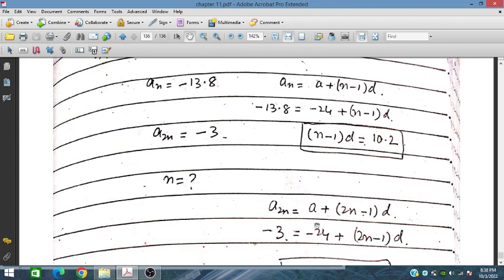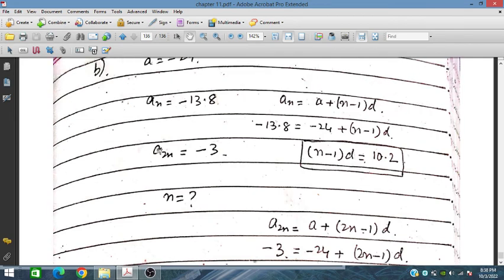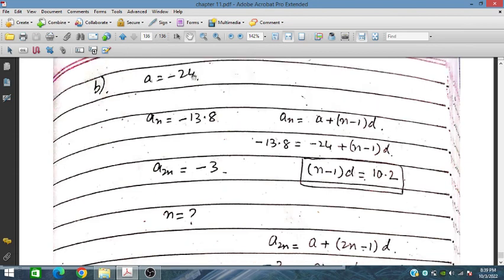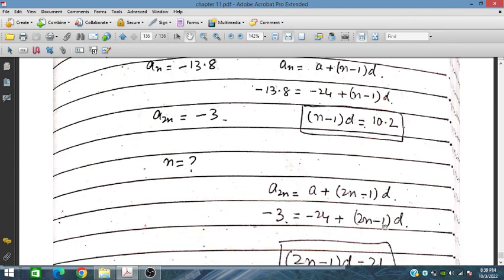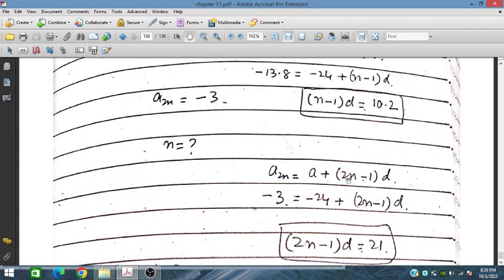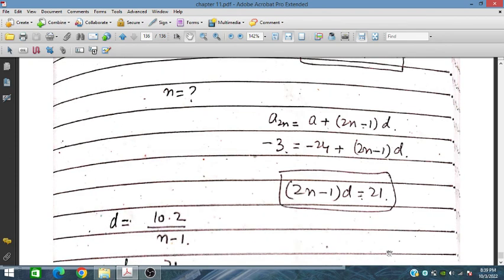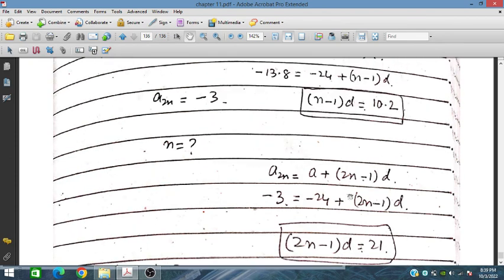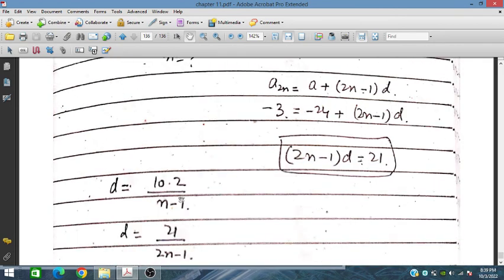So we will use a2n is equal to minus 3. In place of a it is minus 24, so this is 2n minus 1 d is equal to 21. So we have two values: n minus 1 d is equal to 10.2 and 2n minus 1 d is equal to 21. So from this we have d equal to 10.2 divided by n minus 1, and from this we have 21 divided by 2n minus 1.